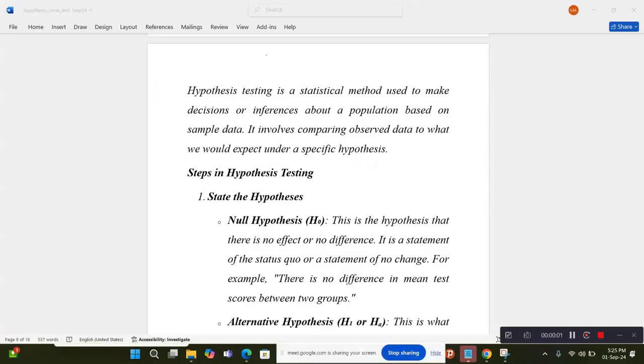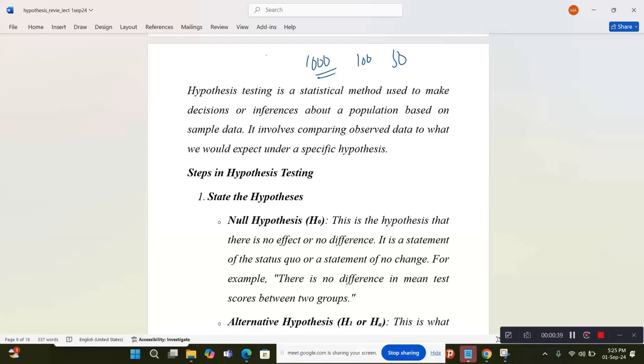Remember, as I'm saying, hypothesis testing is a statistical method used to make decisions or inferences about a population based on sample data. Sometimes you have a big chunk of data, maybe 1,000 data values, but you might just pick a sample of maybe 100 or 50.